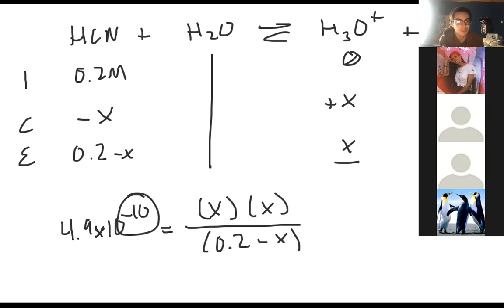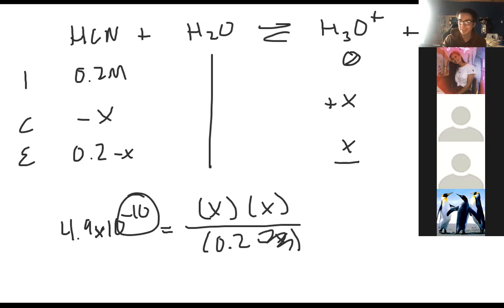So it is a super, super, super weak acid. So we can cancel out this bottom X right here, because so little is going to dissociate that it's going to round up to 0.2.